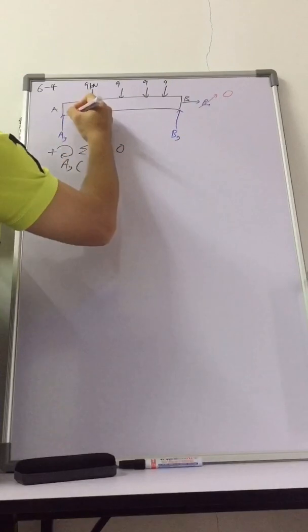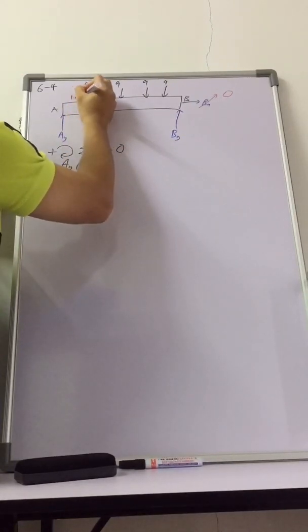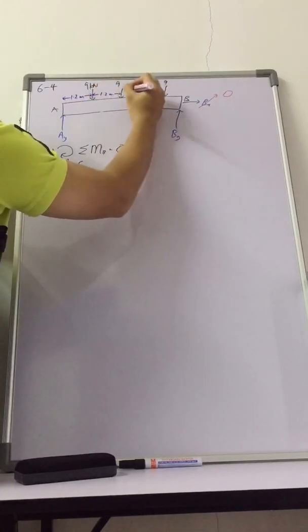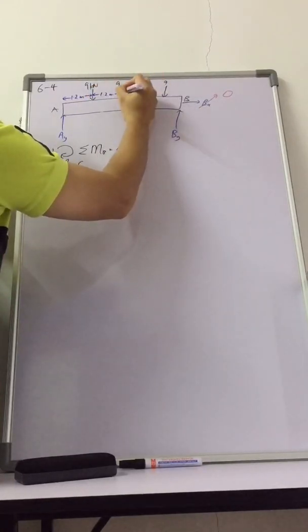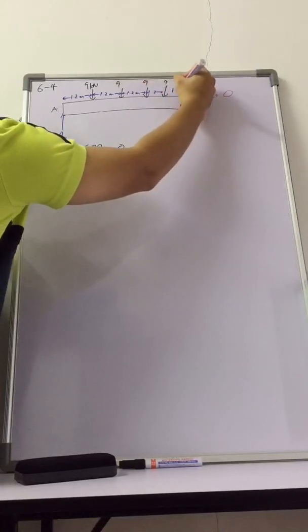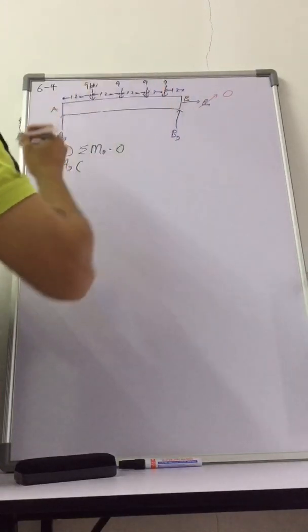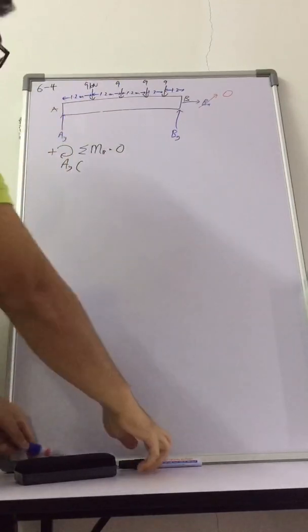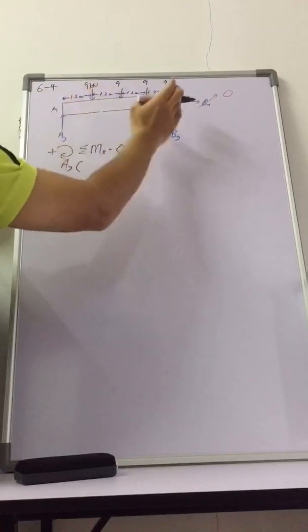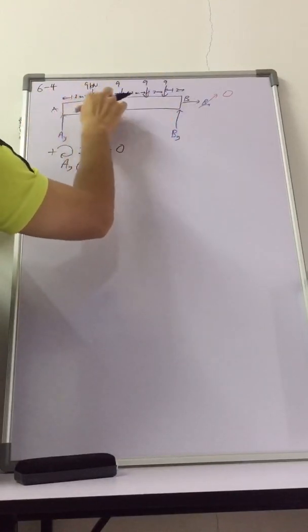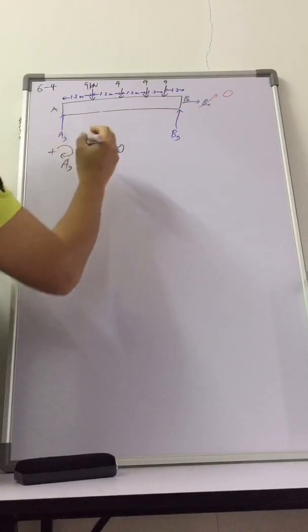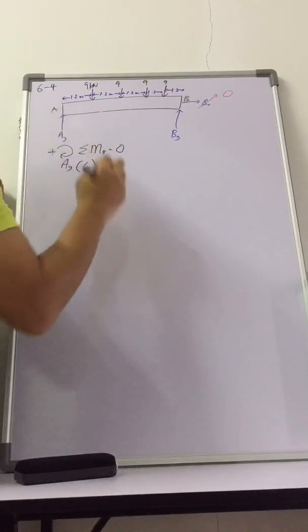So 1.2 meter here, 1.2 meter here, 1.2 meter here, and so on, six times. So Ay, what is the arm distance between Ay and B? 1.2 times 5, isn't it? So it is 6 meter.